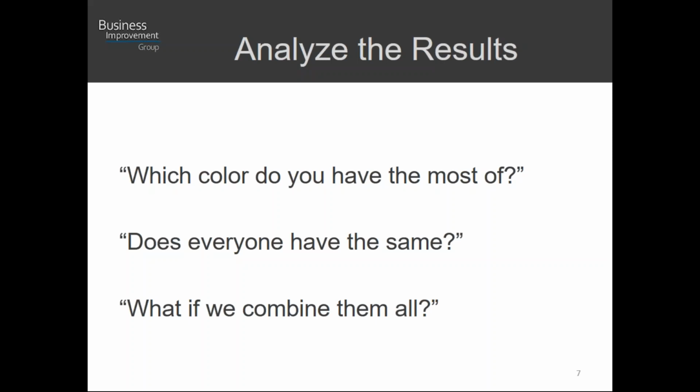And then I pose the question, what would happen if we were to combine them all? If we were to combine all the results from everybody's individual little bag of M&Ms, what do we think would happen? More times than not, folks will come to the conclusion that we'll have a better answer, is generally the way they'll word it. And I agree.